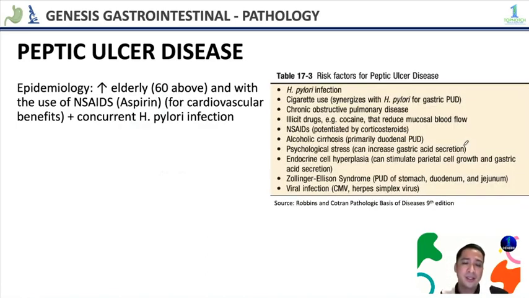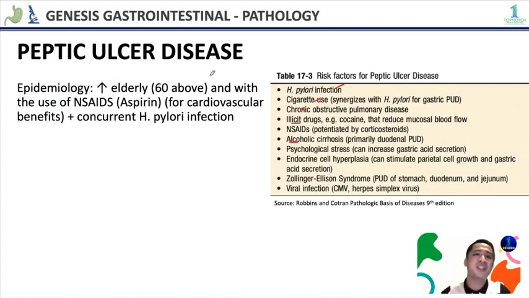All right. So in terms of epidemiology, you will see here the table of the different risk factors. We have H. pylori, of course, cigarette smoking, COPD, illicit drug use, NSAIDs, alcoholism, psychological stress, and Zollinger-Ellison together with viral infections. These are directly lifted from Robbins. Increased in the elderly, 60 and above, with the use of NSAIDs.